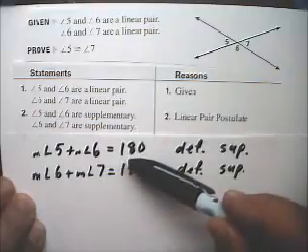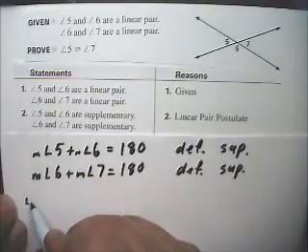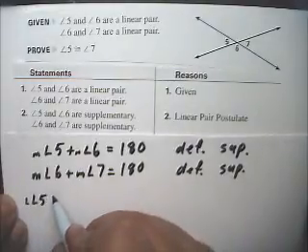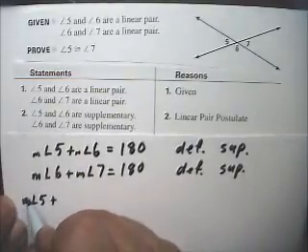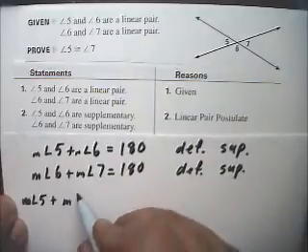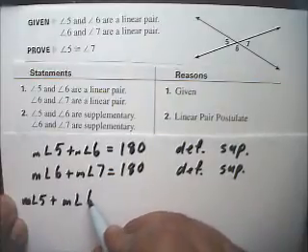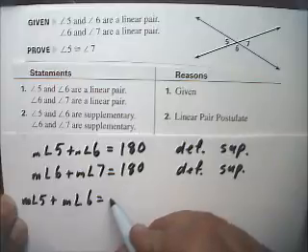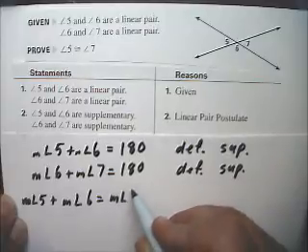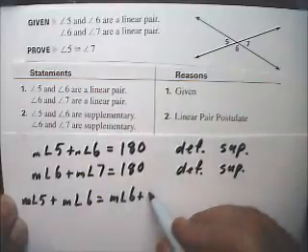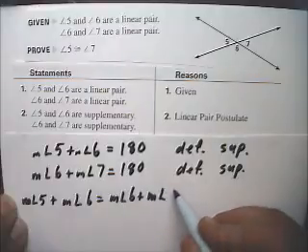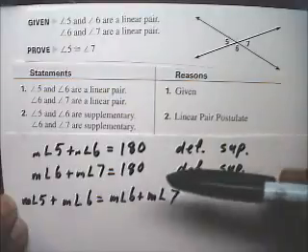So I'm going to say the measure of angle 5 plus the measure of angle 6 equals the measure of angle 6 plus the measure of angle 7.